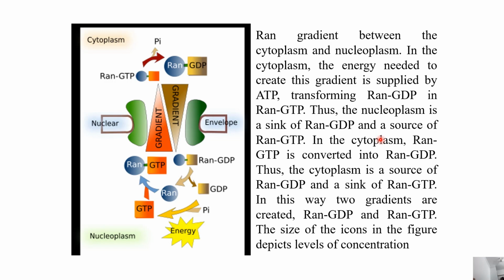and in the cytoplasm, Ran-GTP is converted into Ran-GDP. Thus, the cytoplasm is a source of Ran-GDP and a sink of Ran-GTP. This way, two gradients are created, Ran-GTP and Ran-GDP. The size of the icons in the figure depicts the level of concentration.